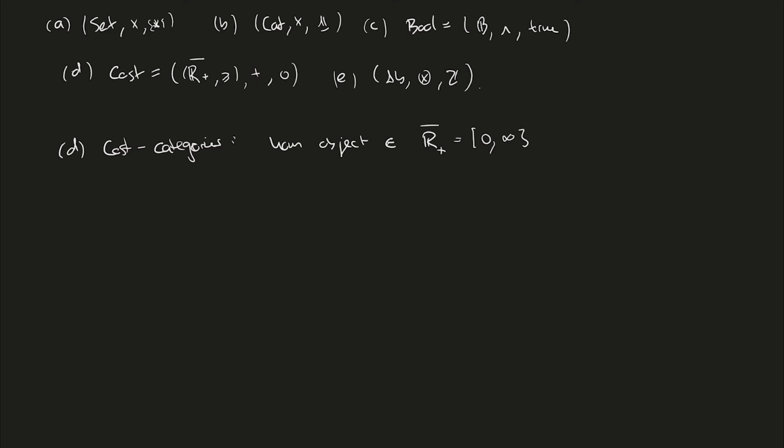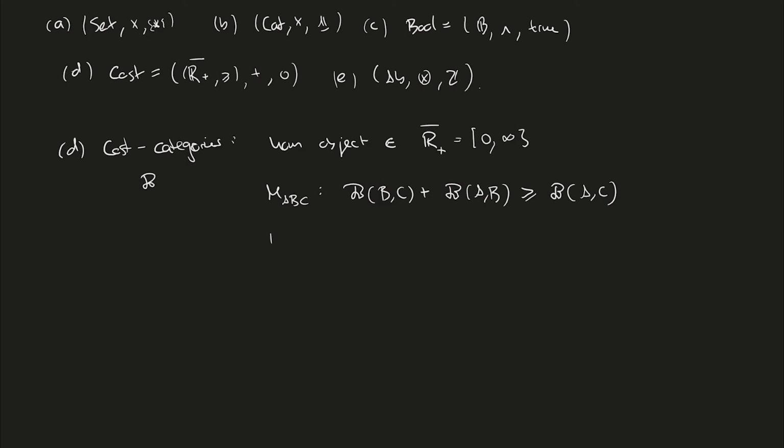For convenience, let's call this cost category B. Now, the composition relation is saying that B(B,C) plus, because this is the tensor product in cost, B(A,B) should be greater or equal than B(A,C). This is because arrows in cost are greater or equal than.